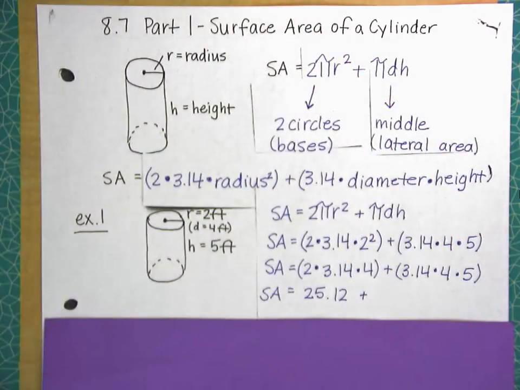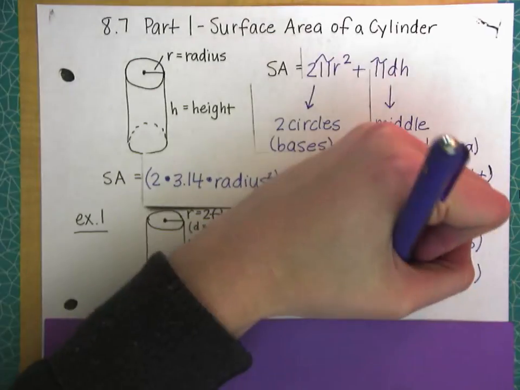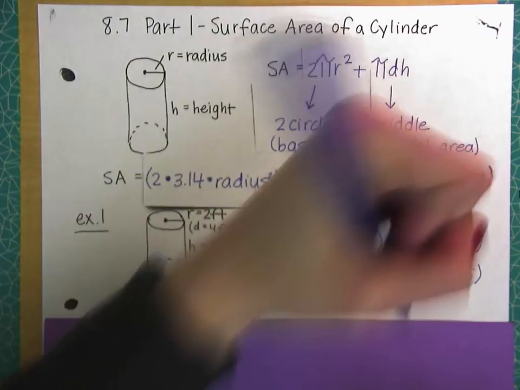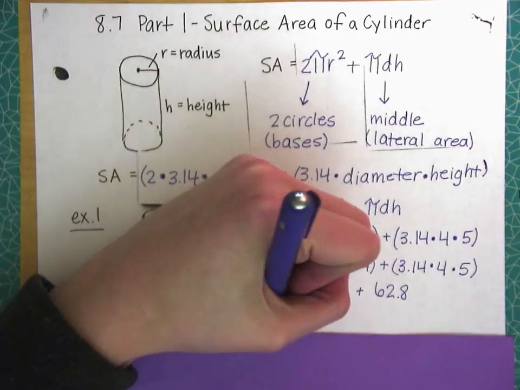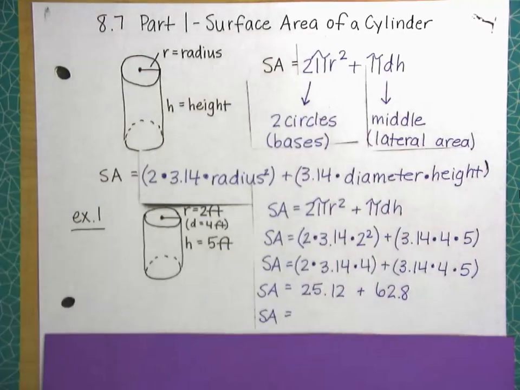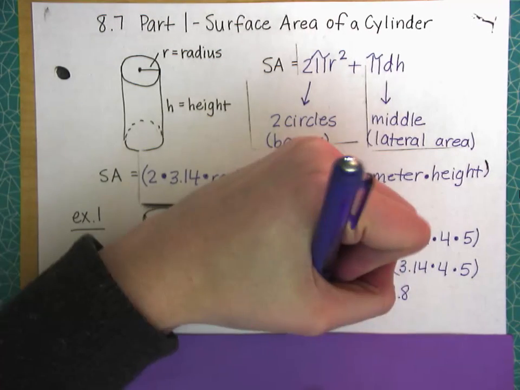And then I need to multiply 3.14 times 4 times 5. And when I do that, what do I get, Luke? 62.8. Then what's my final step? You have to add them together. I have to add them together. And when I do that, what do I get? 87.92. Yep.